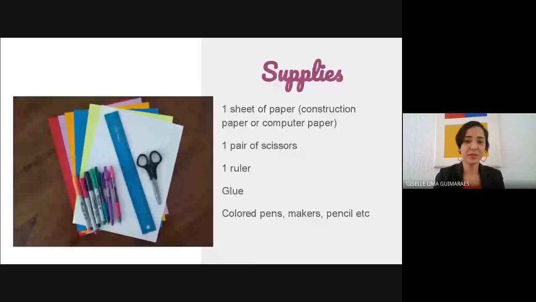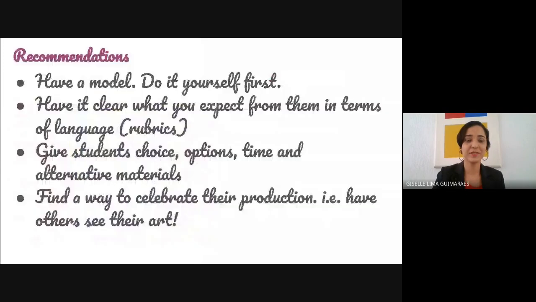You need these supplies: a sheet of paper, or construction paper, computer paper, origami paper, a pair of scissors or a ruler, glue to finish the project, colored pens, markers, pencils. So these are the supplies you and your students will need. In the tutorial, you can have an idea of what I'm talking about.